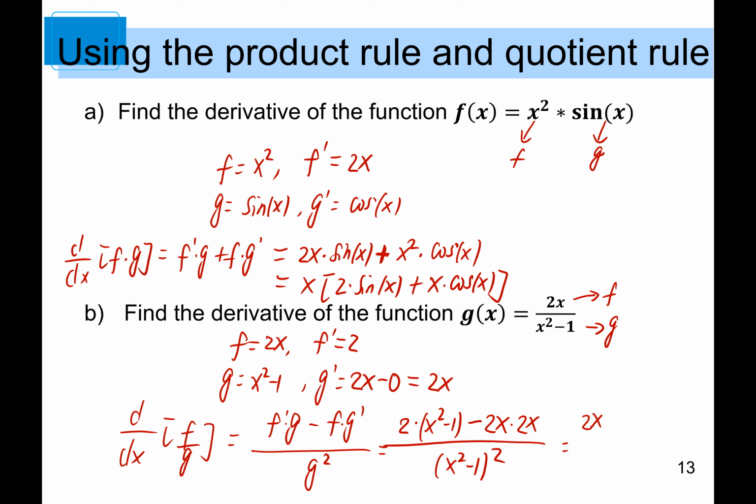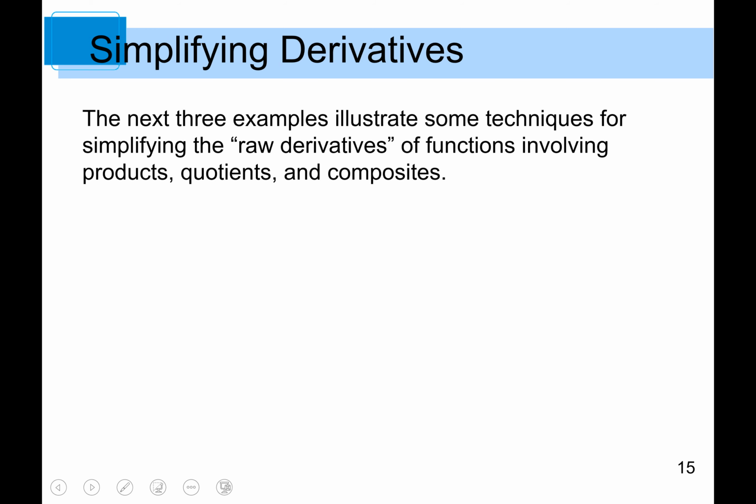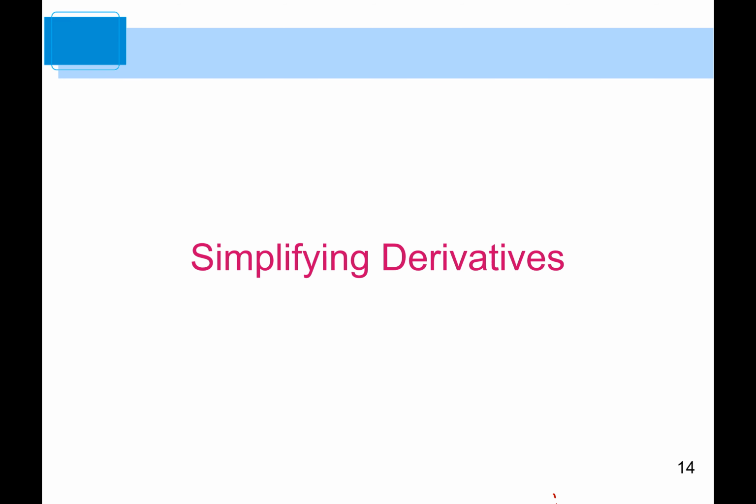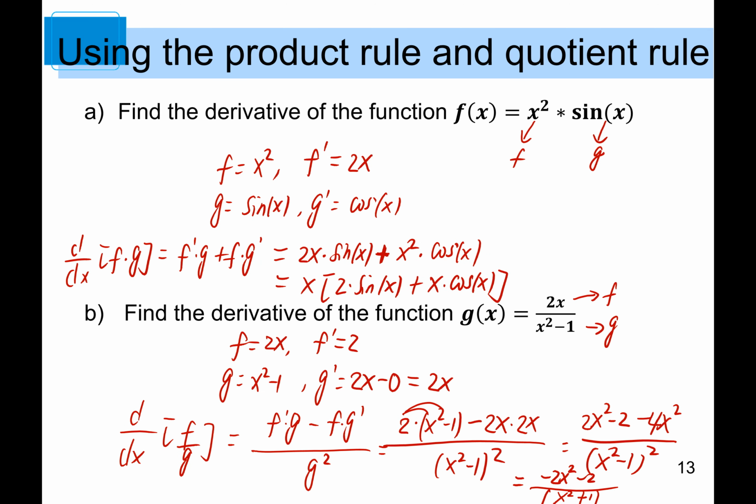So we have 2x squared minus 2, distribute it, minus 4x squared, over (x squared minus 1) squared. Subtracting, you get negative 2x squared minus 2 over (x squared minus 1) squared. Okay, so that's going to be the final answer.